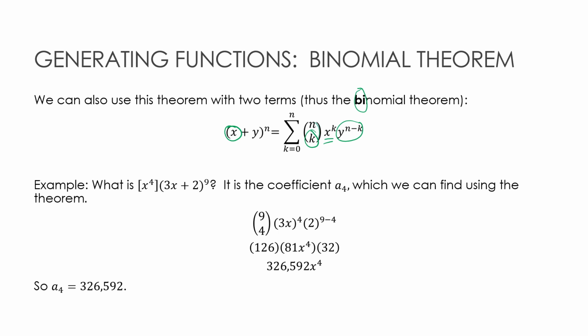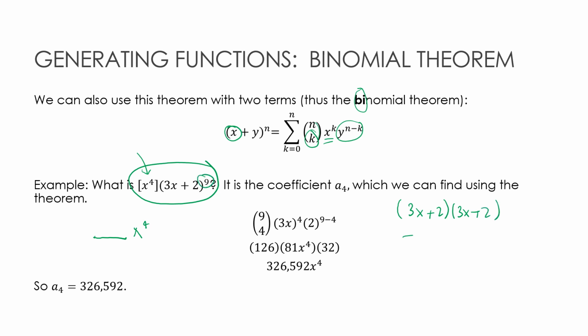So for instance, using the binomial theorem, let's say I wanted to solve this. I want to know, and again, what does this mean? That means what is the coefficient in front of x to the 4th if I were to multiply this out: 3x plus 2, times 3x plus 2, 9 times.